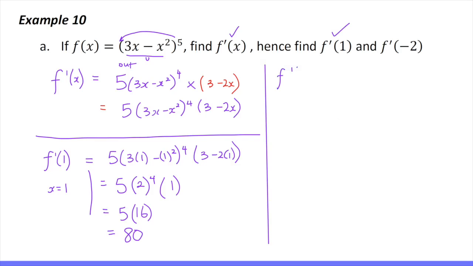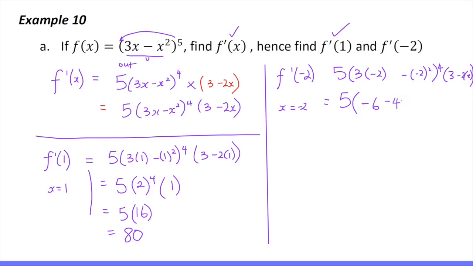Finally, we're going to find the derivative when this time x is equal to negative 2. Same thing. I'm just going to rewrite my derivative function. Wherever I see an x, I'm going to insert a negative 2. So 3 times negative 2 is negative 6. Negative 2 squared is positive 4, and then I've got a negative there. And this is 3 minus negative 4, so that will be 7. Don't forget your negative 4 there.